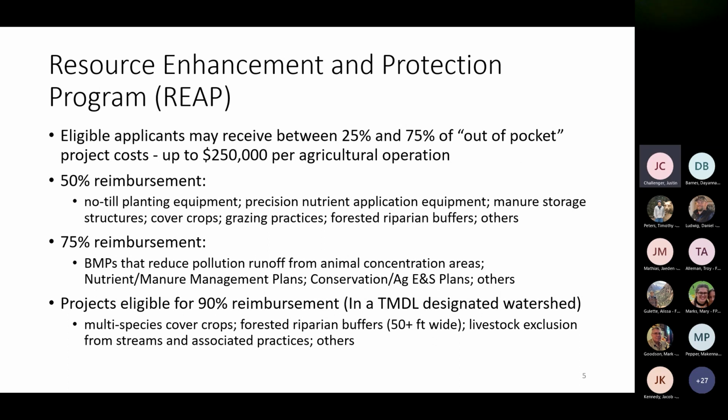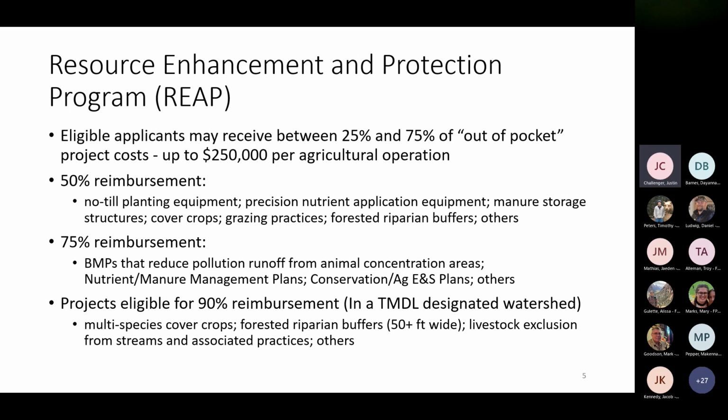It is broken down into different categories for how much they're eligible for reimbursement, and it varies from 25 to 90% based on different criteria. There's a 50% reimbursement criteria for no-till planting equipment, precision nutrient management, cover crops, grazing, that kind of thing.